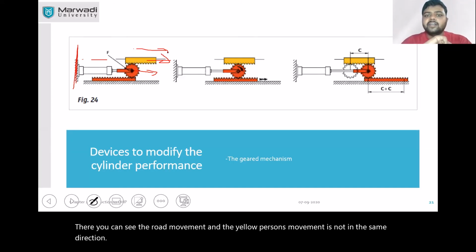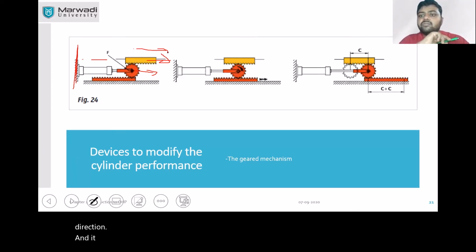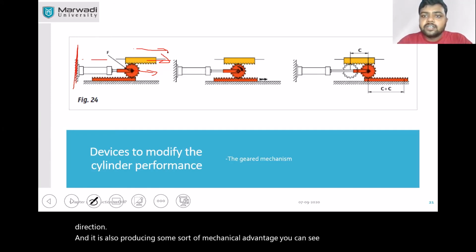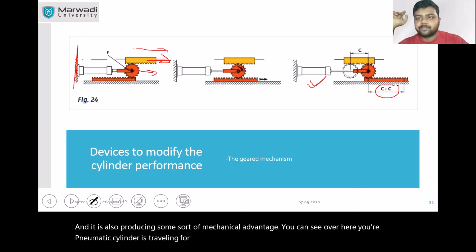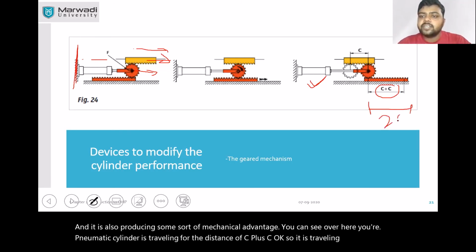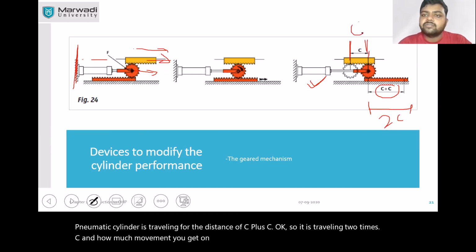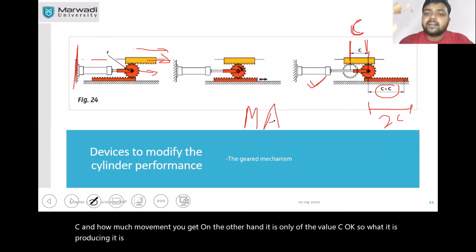And it is also producing some sort of mechanical advantage. You can see over here your pneumatic cylinder is traveling a distance of C plus C, so it is traveling 2 times C, and how much movement do you get on the other end? It is only the value C. So it is producing some sort of mechanical advantage.